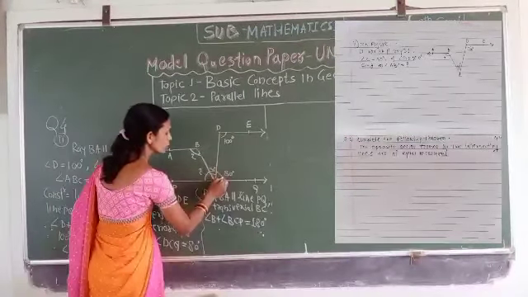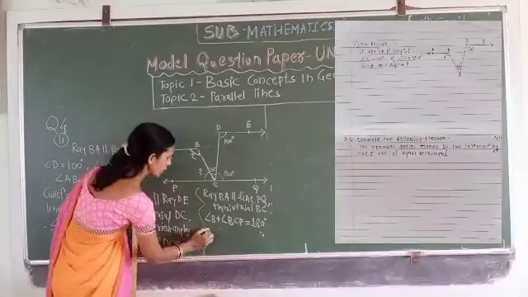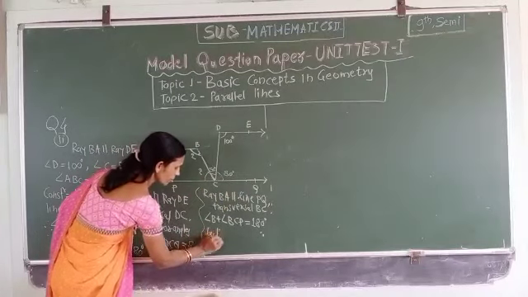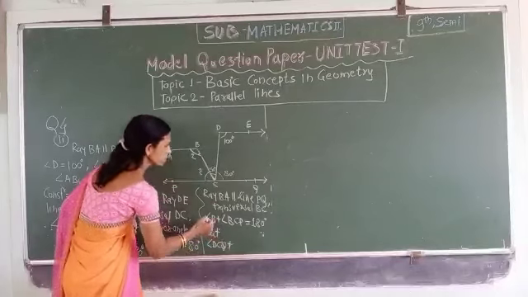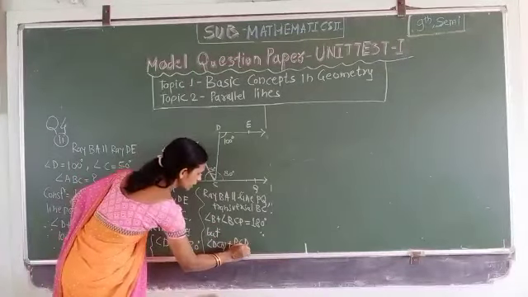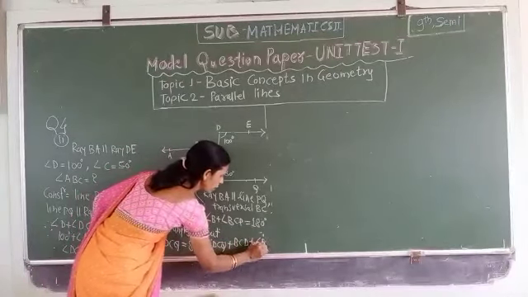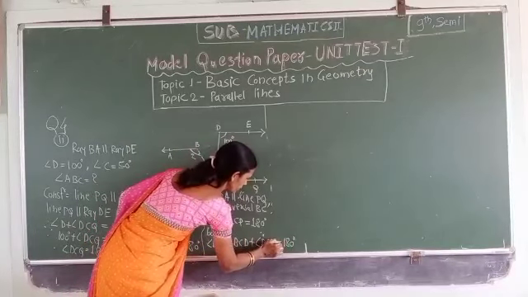See here, those angles are linear. Therefore, here angle DCQ plus angle BCD plus angle BCP is equal to 180 degree.